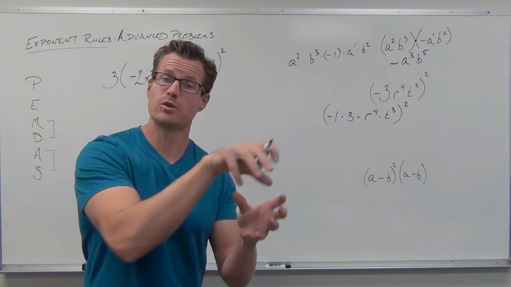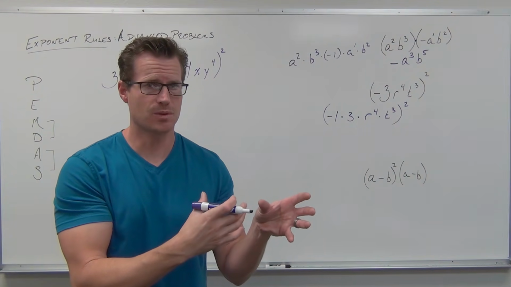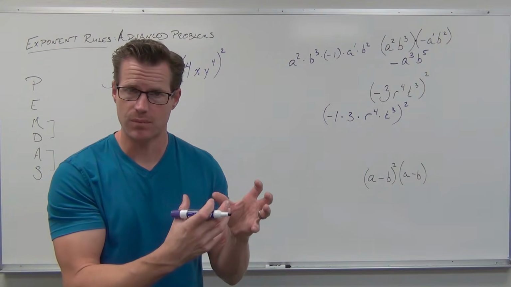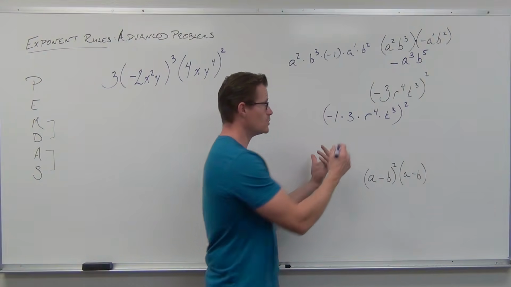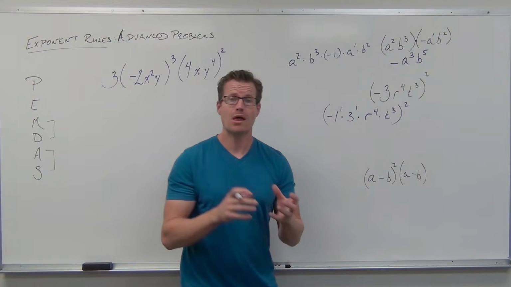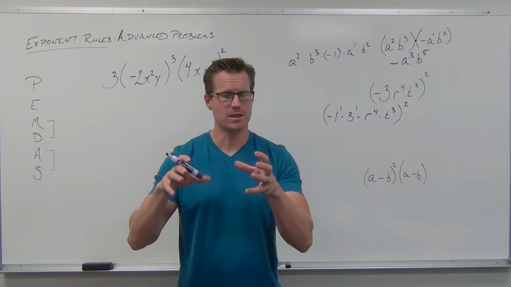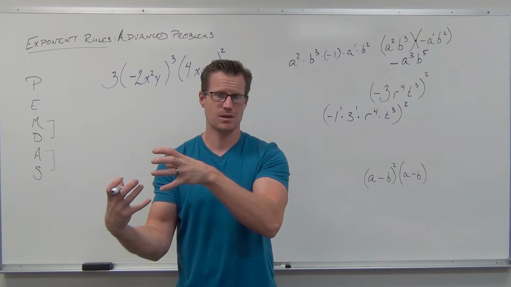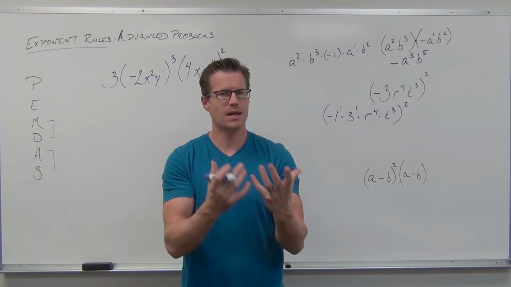When you're distributing multiplication, you're just taking terms times terms. We're not dealing with the exponents of our constants, of our coefficients, of our numbers. We are here. So when you're distributing exponents, you do need to put exponents above your numbers. That's how we would distribute exponents. Exponents can only be distributed to things with exponents. And the way that we do that is by multiplying those exponents. So you got to have them.